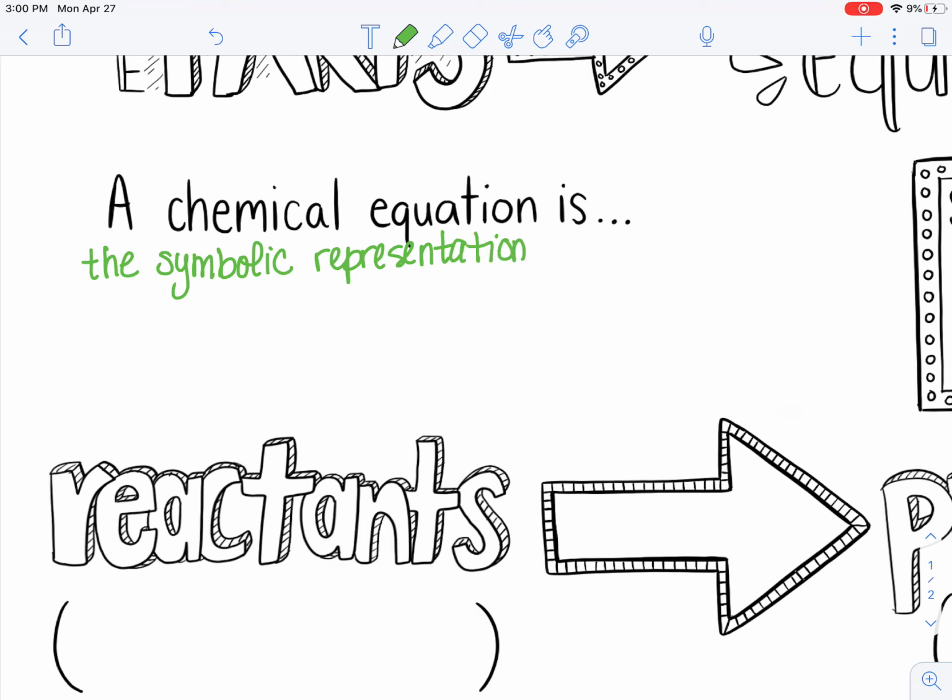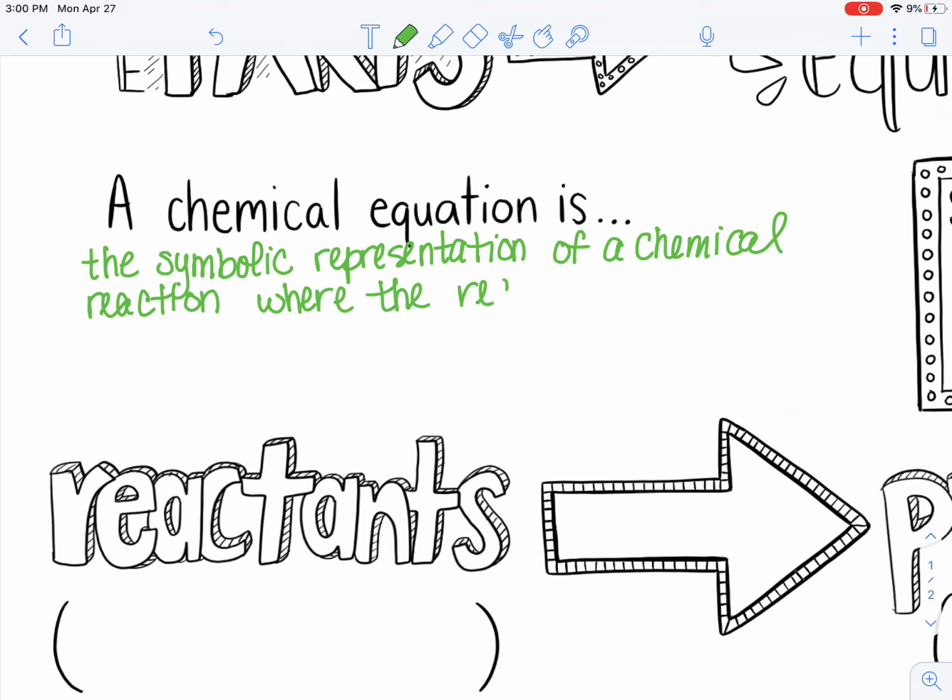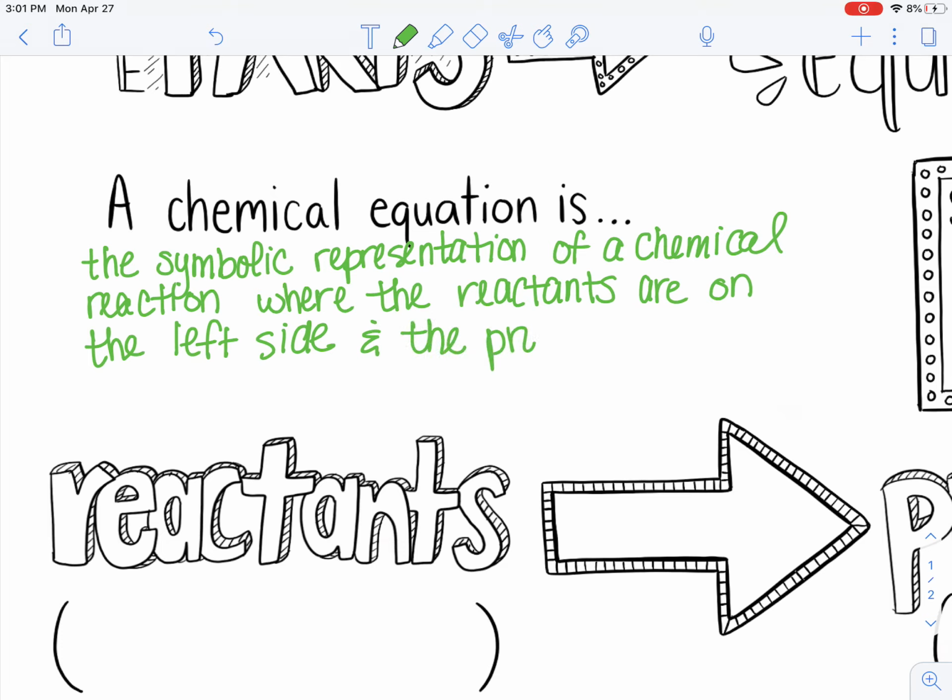So the symbolic representation of a chemical reaction where the reactants are on the left side and the product is on the right side of the equation.